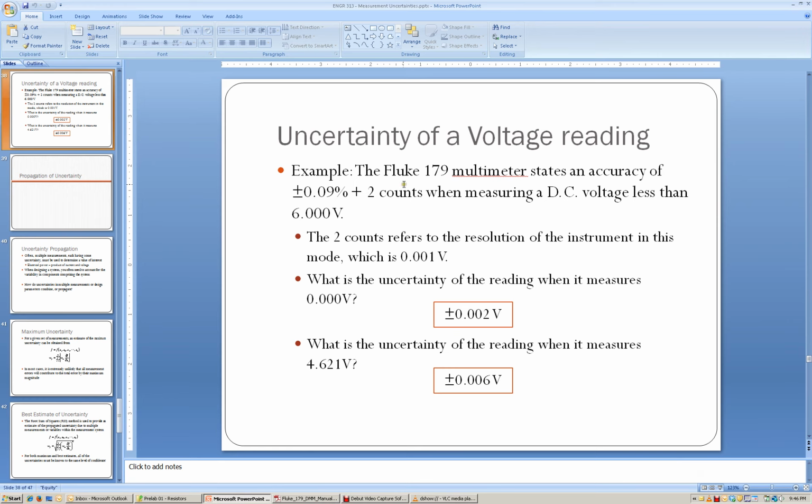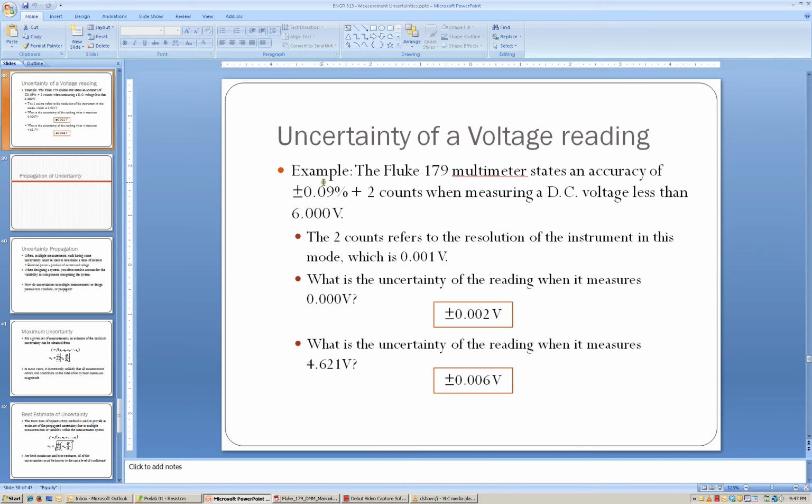All right, we look at, again, the accuracy that is given, and we're assuming that we're going to read a voltage that is less than 6 volts. So let's determine what the uncertainty of the reading will be when it measures exactly 0 volts, 0.000. Well, if we multiply our 0 volt output by the 0.09%, anything times 0 is 0.